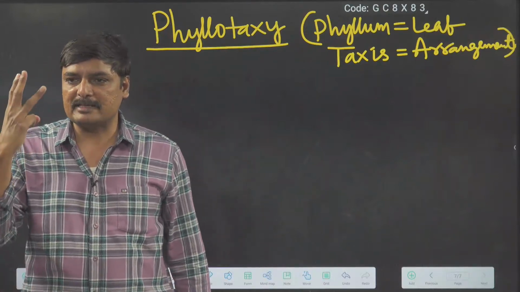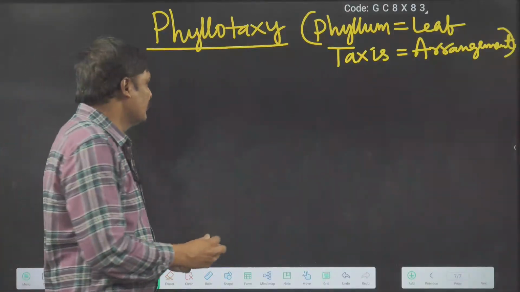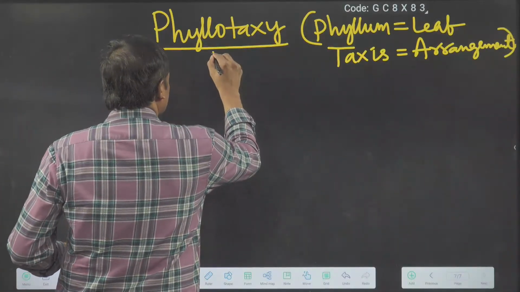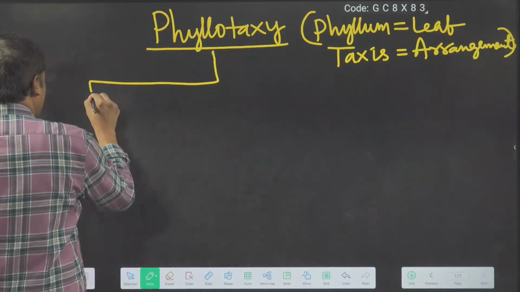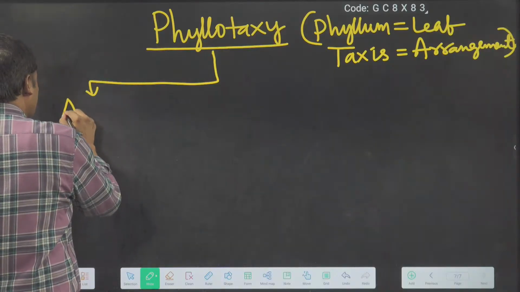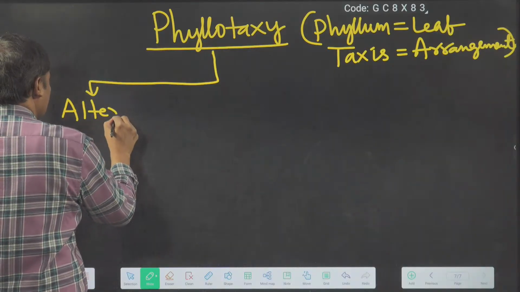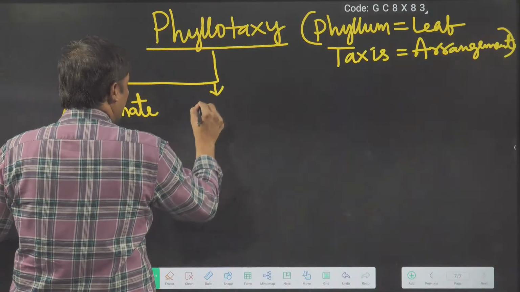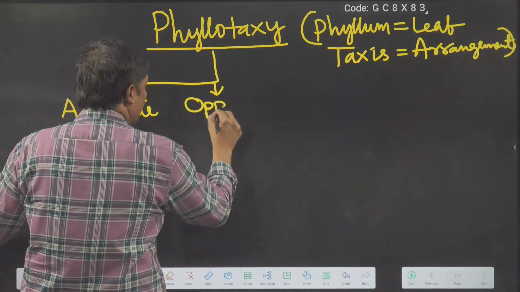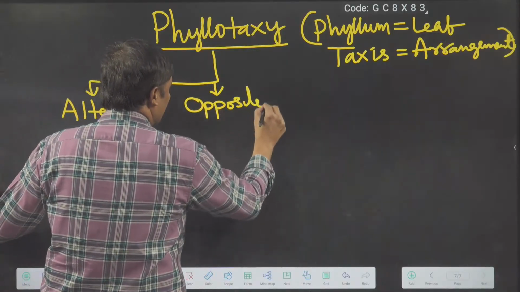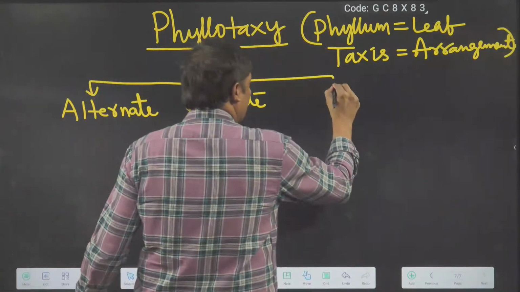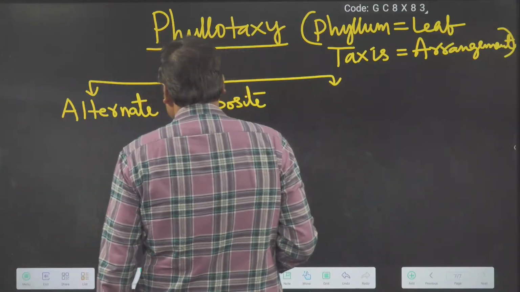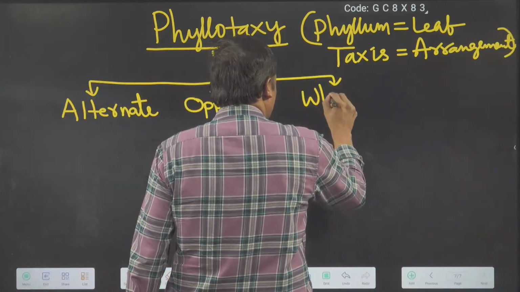They are: 1. Alternate phyllotaxy, 2. Opposite phyllotaxy, and 3. Whorled phyllotaxy.